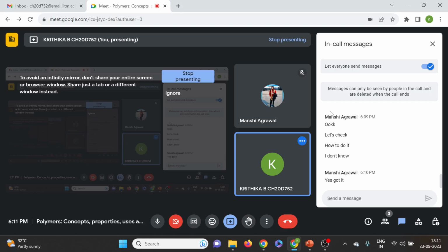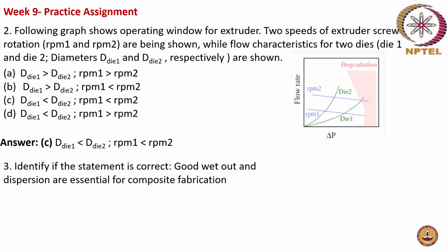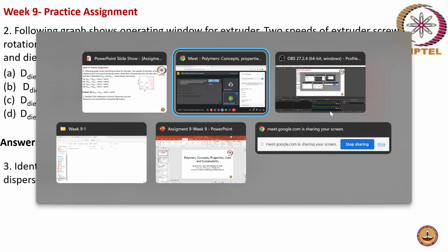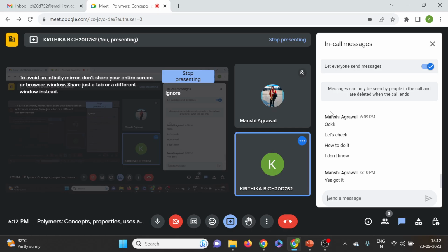Do you think it is required for composite fabrication? Good wet out and dispersion? I think I'm not able to hear you properly. Can you just type in the chat box?